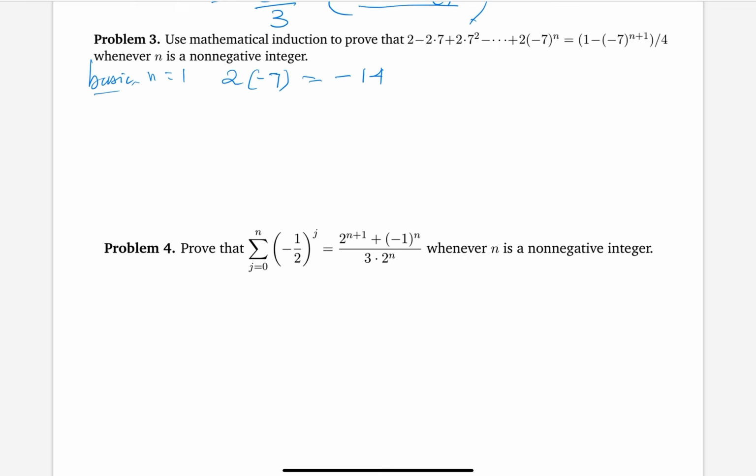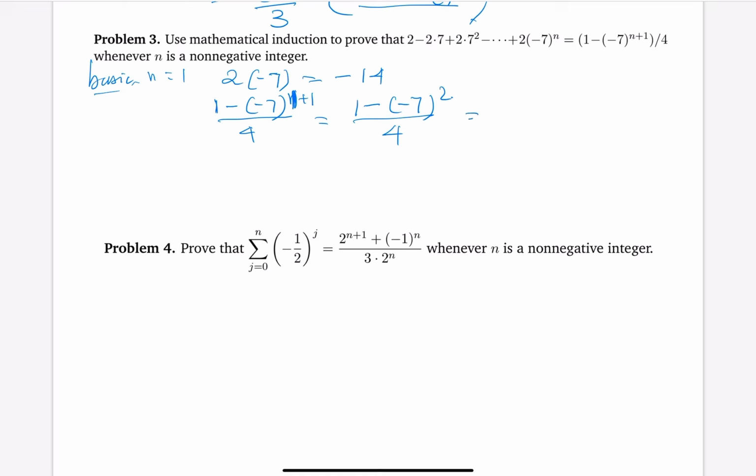Next, if n equals 1, you got this one. So now you have, if n equals 1 on this side, 1 minus negative 7 to the n plus 1, divided by 4. If n equals 1, you have 1 minus parenthesis negative 7 squared, and you have 4. What you got here?